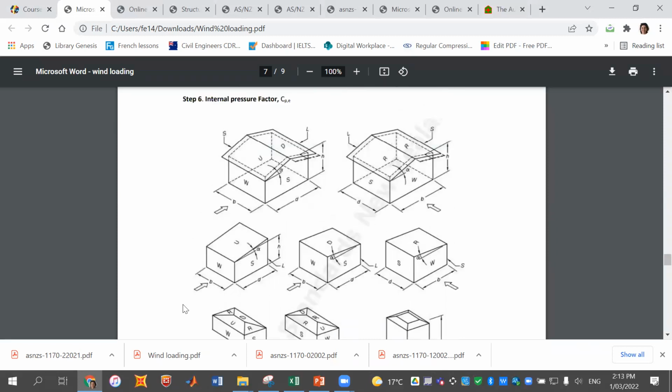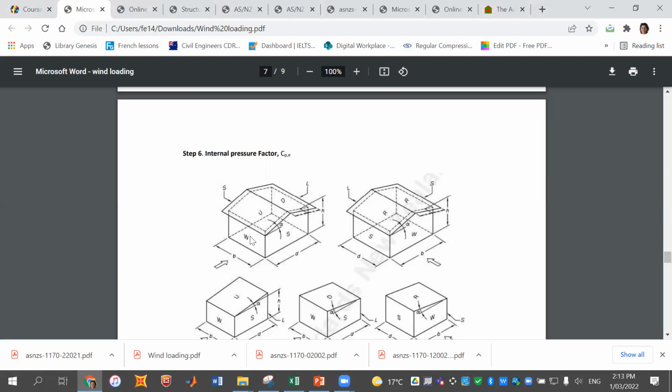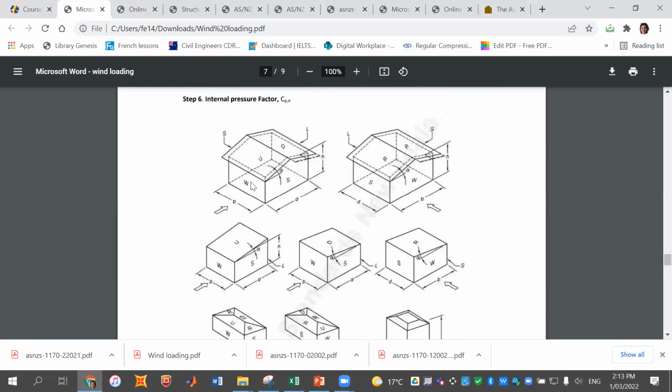So for different scenarios, just look at the graph or the picture that is provided here, and then you would know for which part or which wall of your building you need to apply how much coefficient.